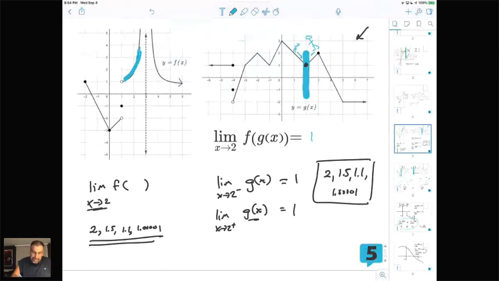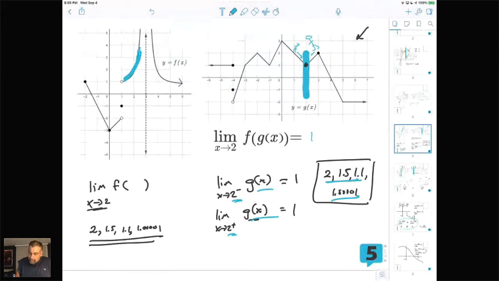So when we finally get down to make our guess, we've collected all of these numbers and we're guessing our answer is 1. That was true for both coming from the left and the right, because g of x follows the same number pattern regardless if I'm coming from the left or the right. So even though I've got this left and right on the 2, what is g of x doing?